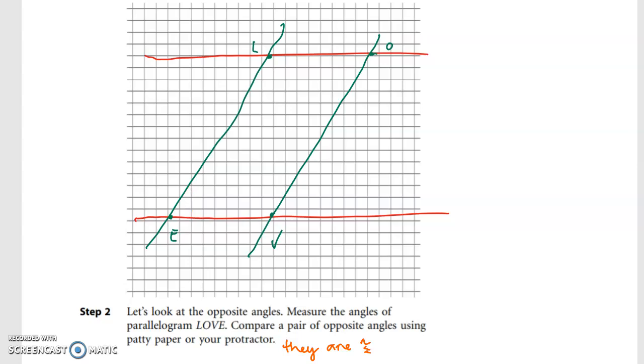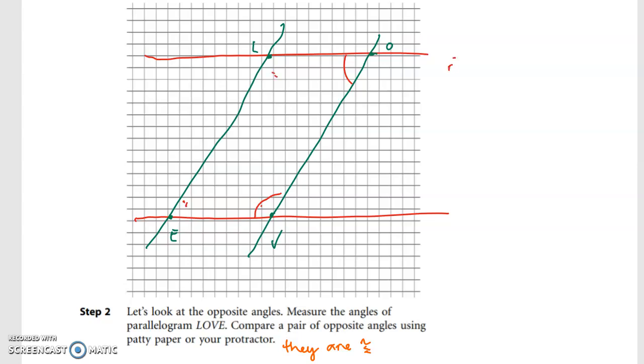Now you already have these angles measured. So what I want us to look at is this angle and this angle, and I want you to find the sum, and then you can do this angle and this angle, and then this angle and this angle, and this angle and this angle.